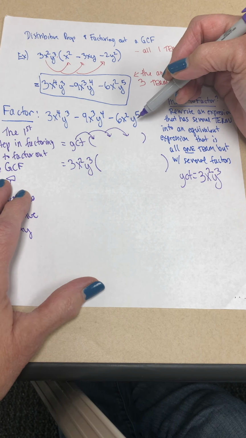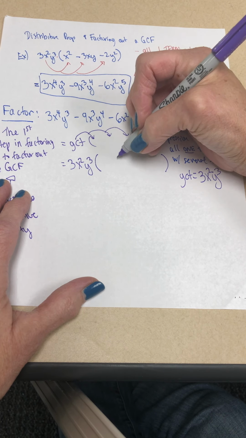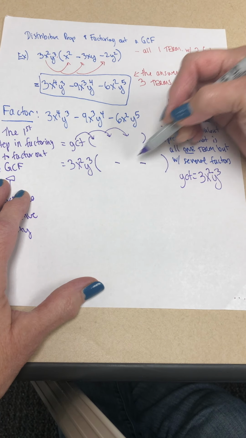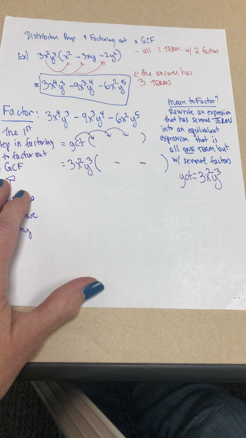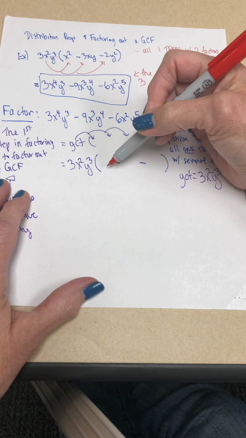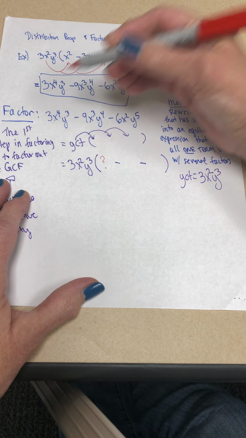One thing I notice, there are 3 terms in my original problem, and look at the signs. There will be 3 terms with these signs inside these parentheses. And then I'll think, 3x squared y cubed times what would give me this term back?